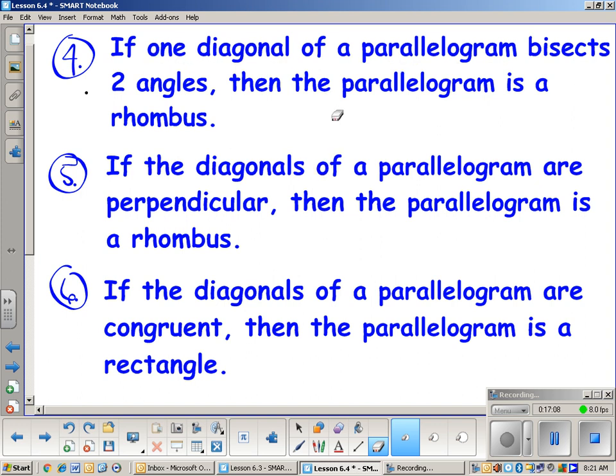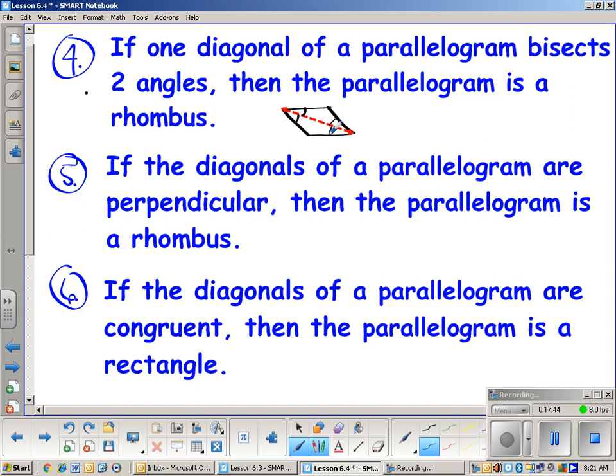Okay? So we have a parallelogram drawn here, and it says if one diagonal bisects two angles of a parallelogram, then it's a rhombus.